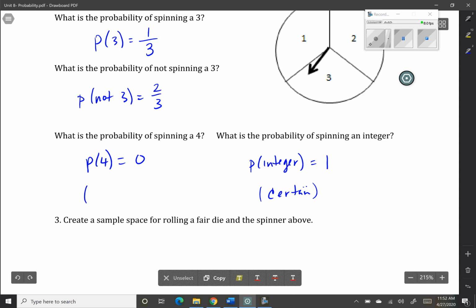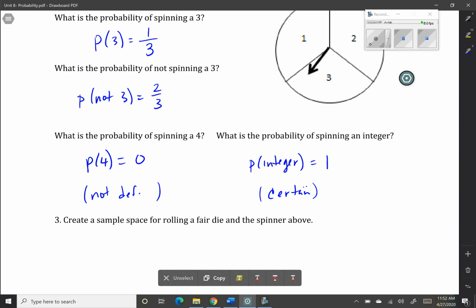A probability of 0 is something that's not going to happen. Because it can't happen, we can call this a probability that it won't happen, not definite. A lot of different ways we could describe that.